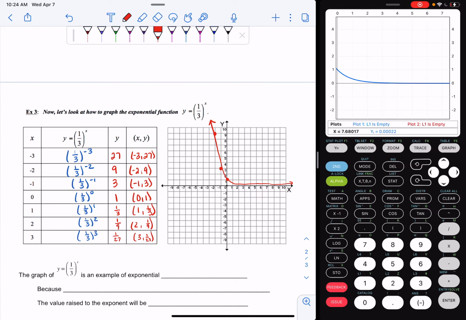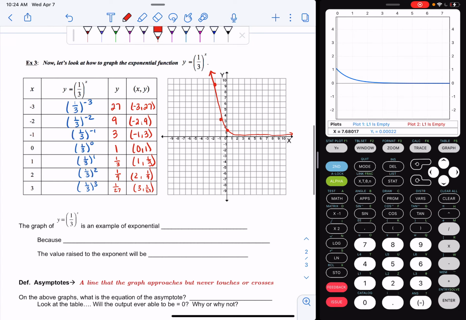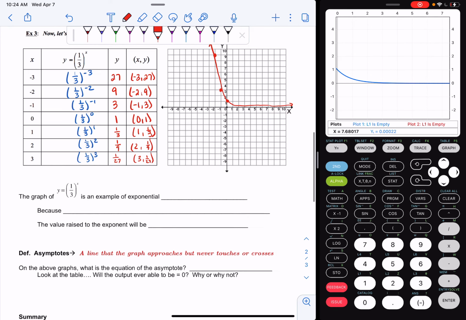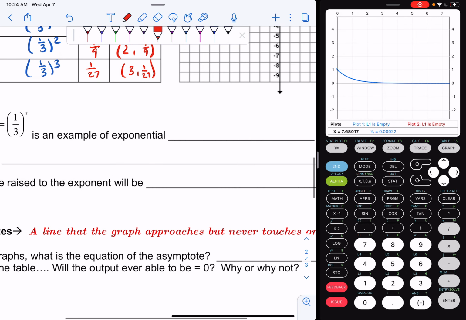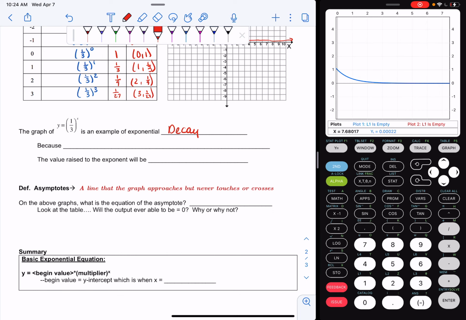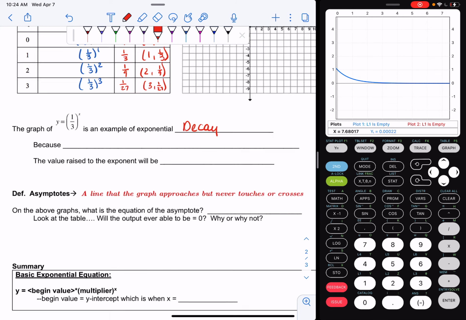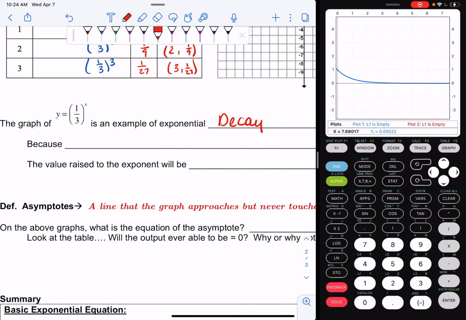So now when I look at this, I need to ask myself, is this an example of growth or decay? Well, this is easily an example of decay. This is decay because if you look, your graph is going down. It's going down. So this is an example of exponential decay because your graph is decreasing for all values of x.